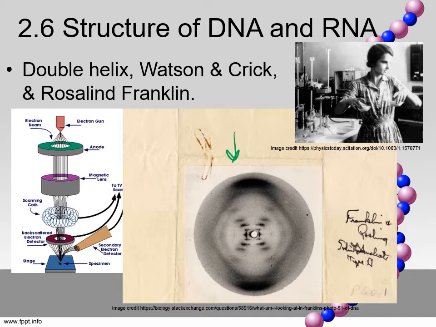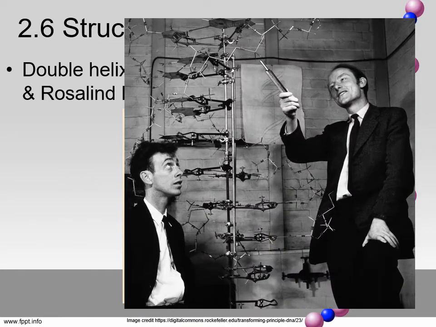This is photograph 51. And another guy named Maurice Wilkins literally stole it from her lab and gave it to these guys, Watson and Crick. Watson and Crick took her stolen picture and figured out, based on that diffraction pattern, that DNA had to be this helical shape. And they got a Nobel Prize for that, and Rosalind Franklin didn't.